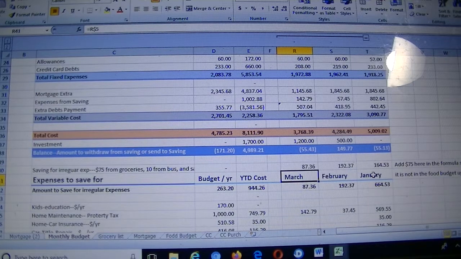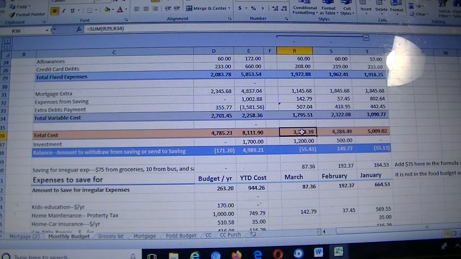But that's pretty much how we work on our budget, and that's what our estimates are for March. 1900 for our regular expenses and minimum debt payment, and 1700 will go to our extra debt payment and irregular expenses, and we'll put about 1200 to our investments.